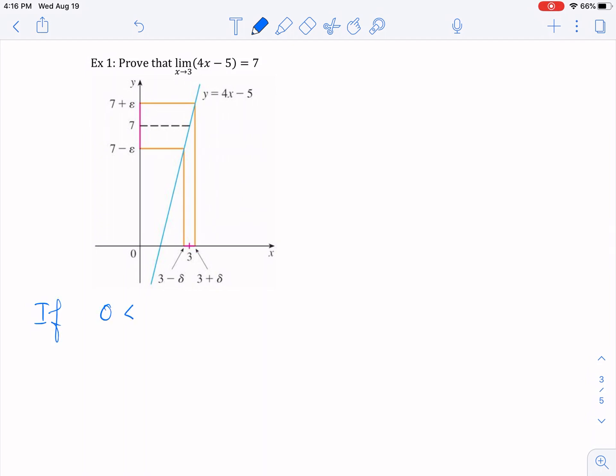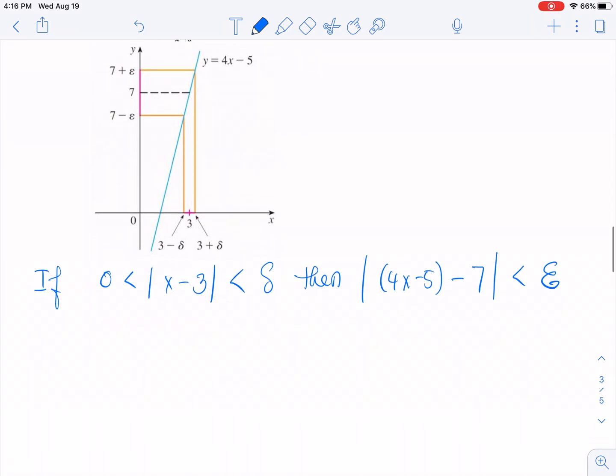If 0 is less than the absolute value of x minus 3 less than delta, then |f of x minus L|, in this case |4x minus 5 minus 7|, is less than epsilon.